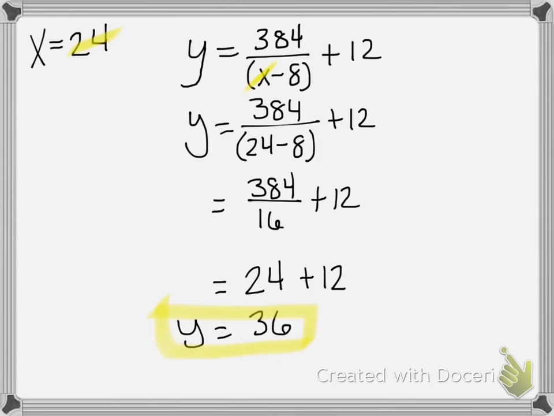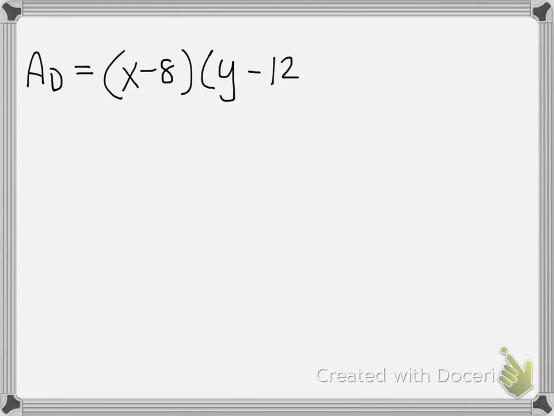So, if we want to double check and make sure, we had the area of our design was equal to x minus 8 times y minus 12, and we said that we found x was 24 and y was equal to 36.